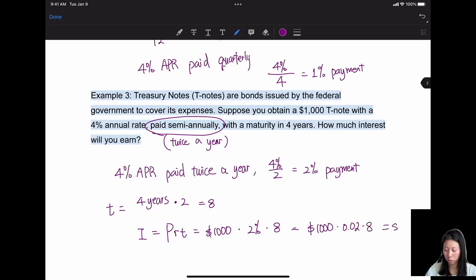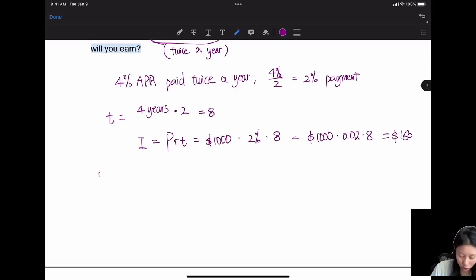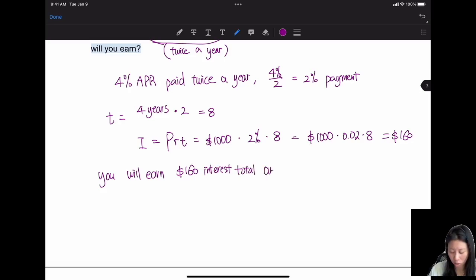So totally it should be 160. That's how much you are going to get in total. So you will earn 160 in interest total over the years.